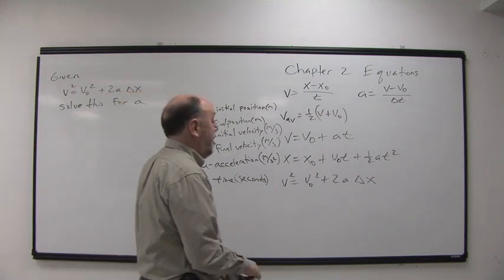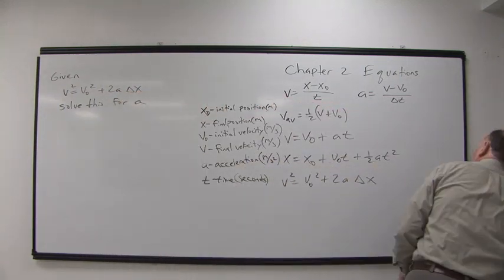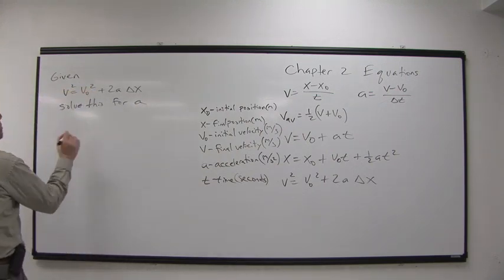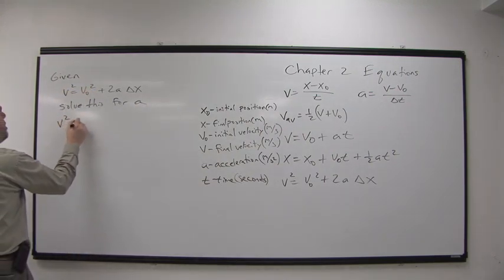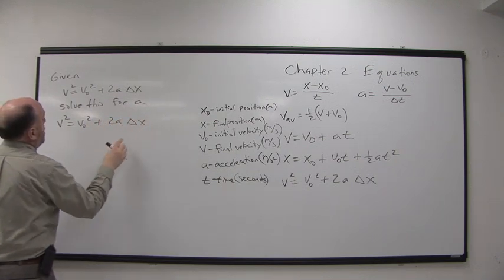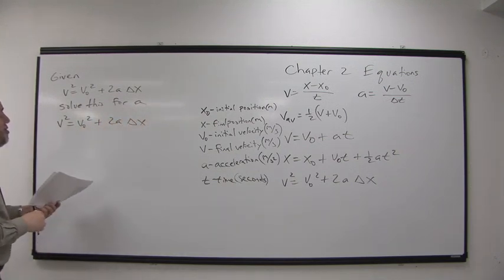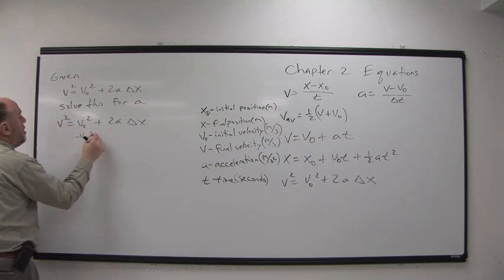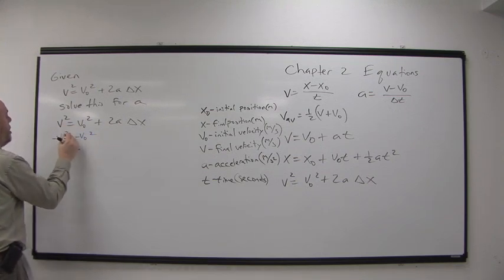The way you solve an algebraic equation is you always do the opposite operation. We have our original v squared equals v naught squared plus 2a delta x. Here we're adding v naught squared, so we will subtract.